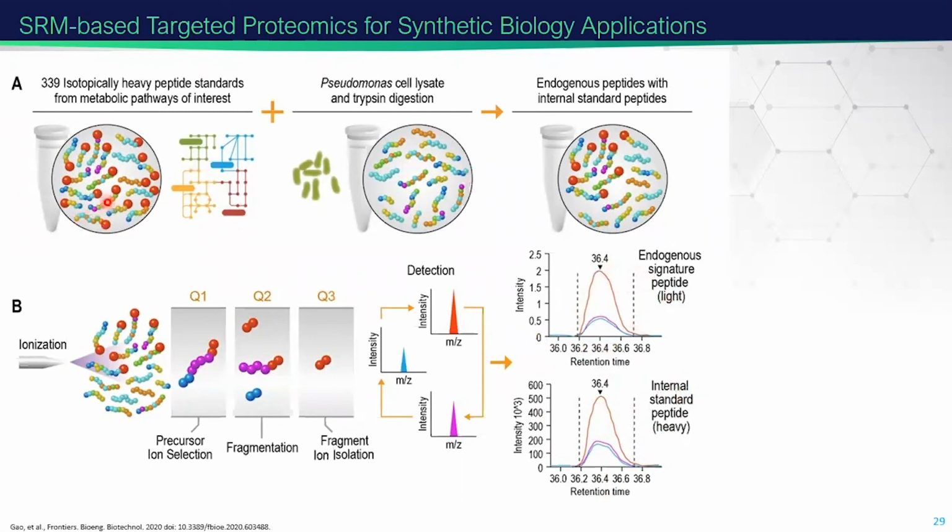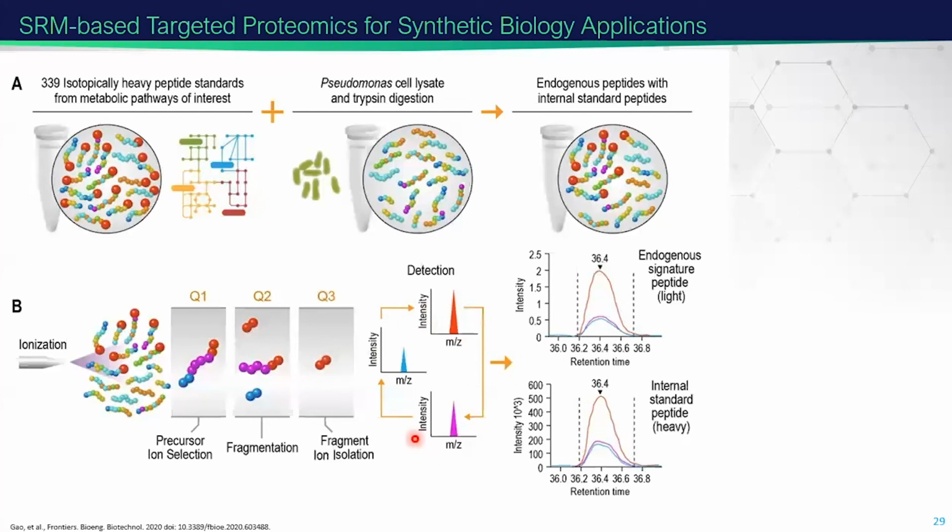You spike those heavy peptides into the system, so you have a mixture of endogenous peptides and internal standards, and you send them together into the triple quadrupole mass spectrometer, which is for targeted analysis.